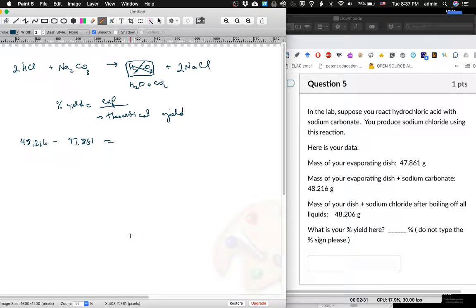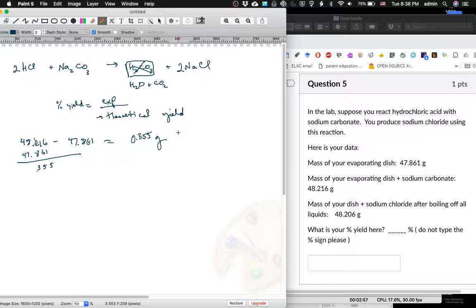There's no calculator here. So this is 5, this is 5, this is 3, okay, 0.355. I hope that's right. So that's 0.355 grams.